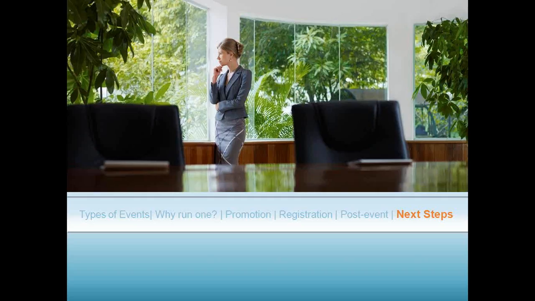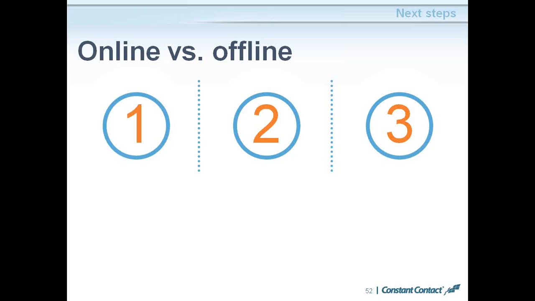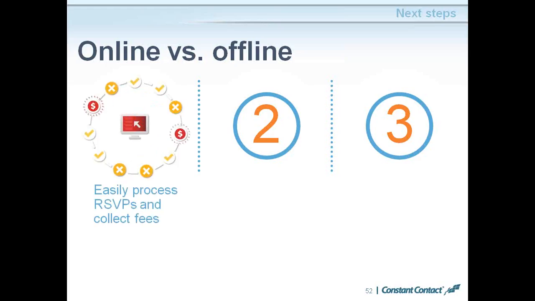So we discussed the decision to use online versus offline registration tools and recognized three of the big advantages of online tools. They make easy the process of collecting RSVPs, fees, and other information related to your event.